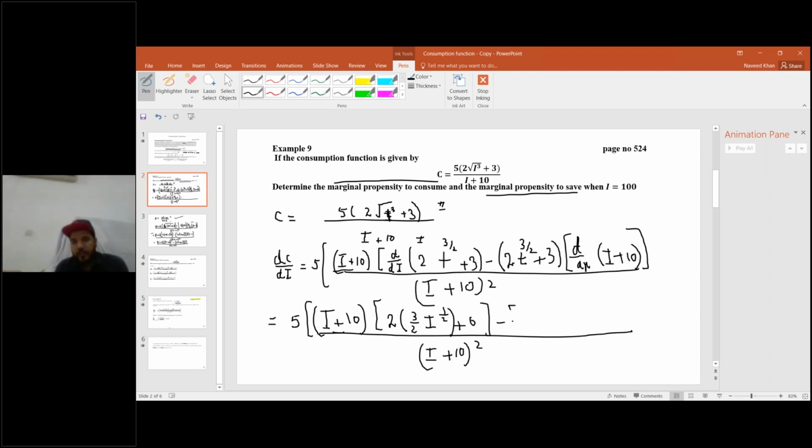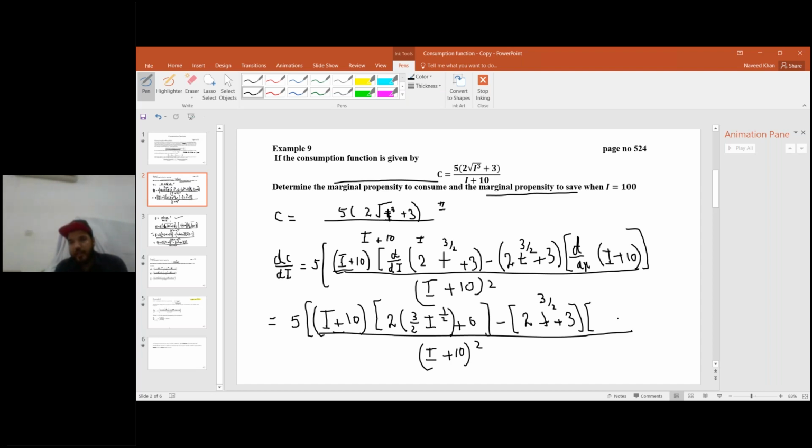Now, my dear student, the second function stays the same: 2 into I power 3 by 2 plus 3, and then we take the derivative of the first function.